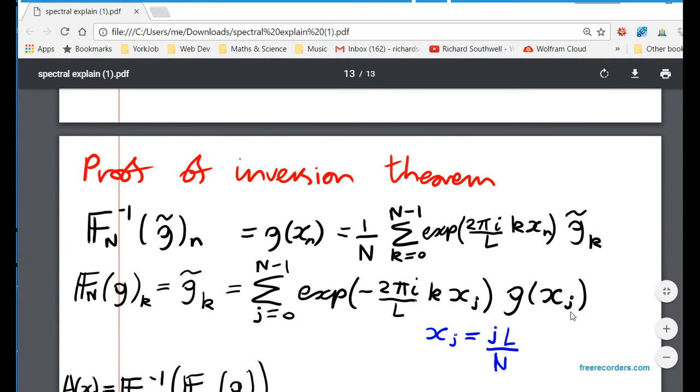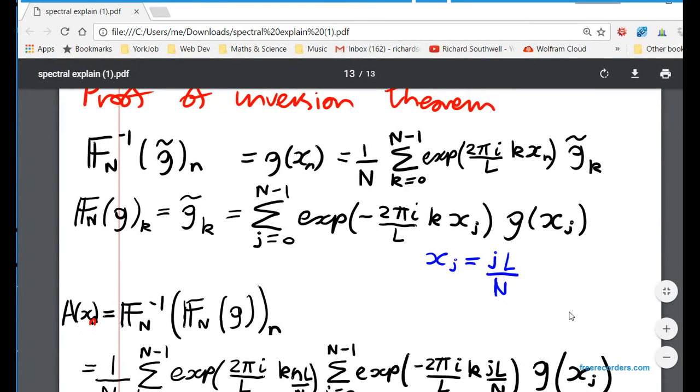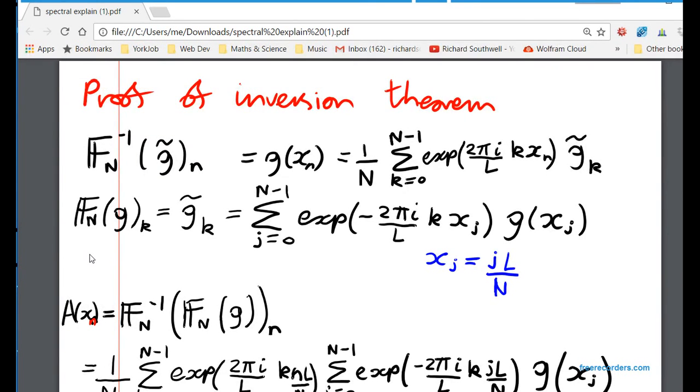And then we write this formula that we're interested in. We're going to have to work with it at a particular grid point. So we'll work with this supposing that x is equal to x_n, so we're evaluating at one of these grid points.